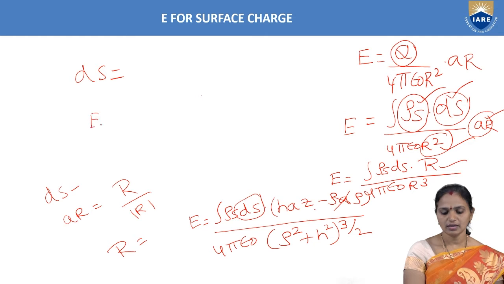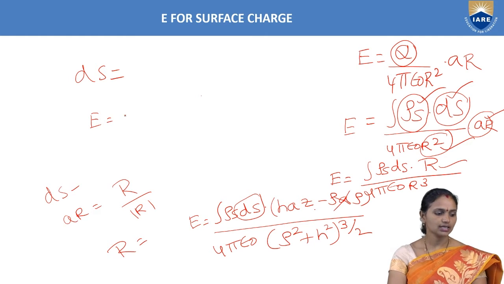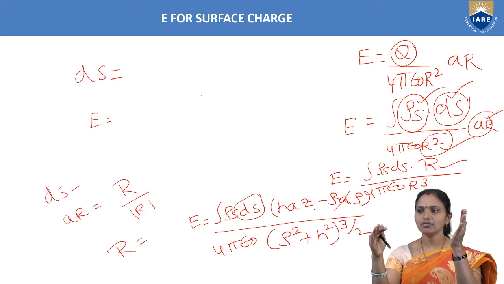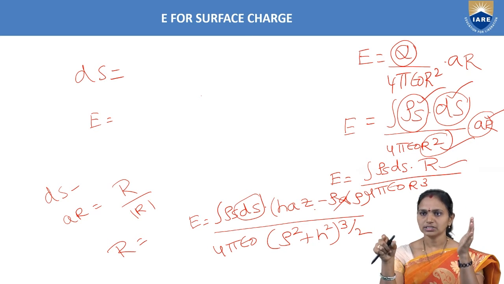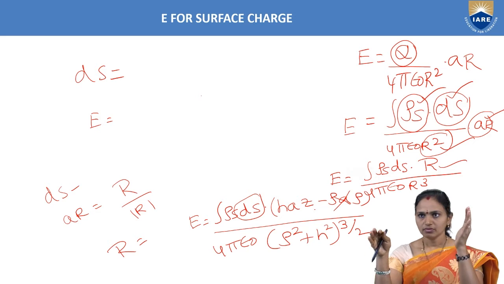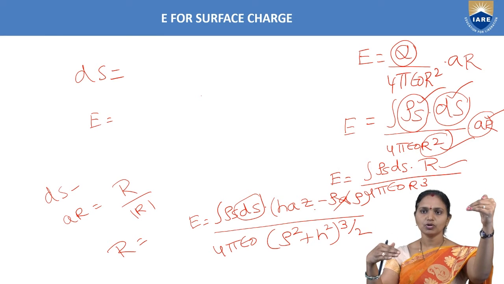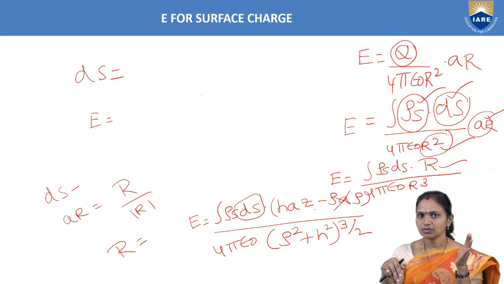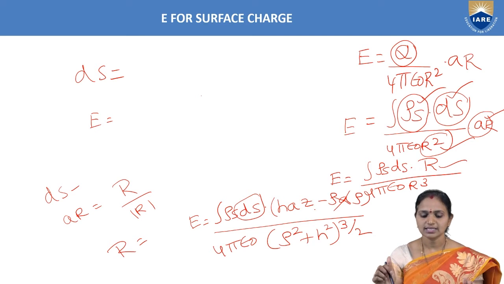As we have one charged surface 1 in the xy plane, we have one more charged surface 2 in the minus xy plane, so the resultant field along that direction will get cancelled.